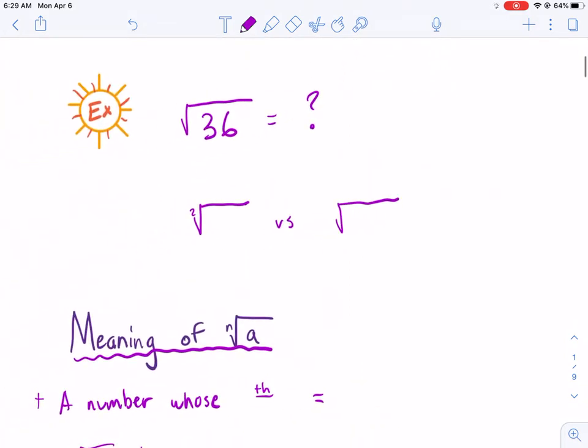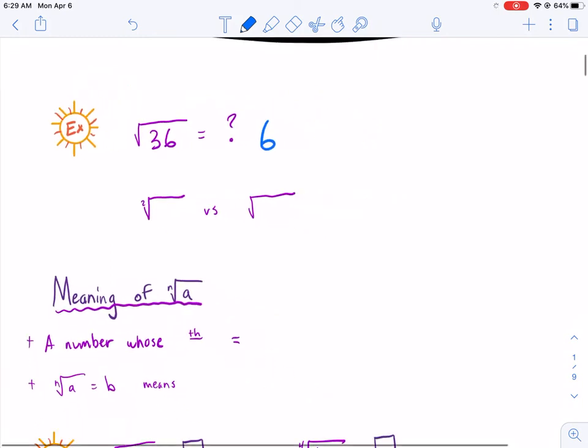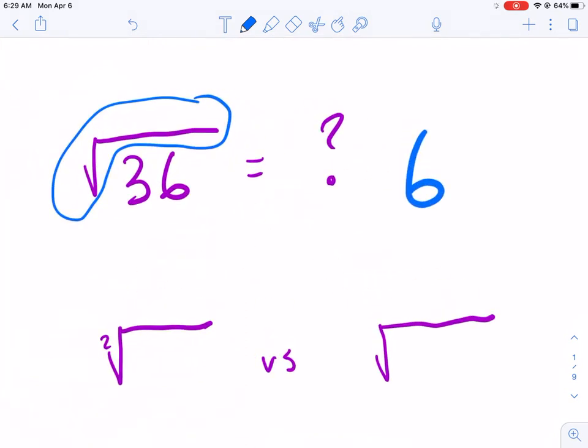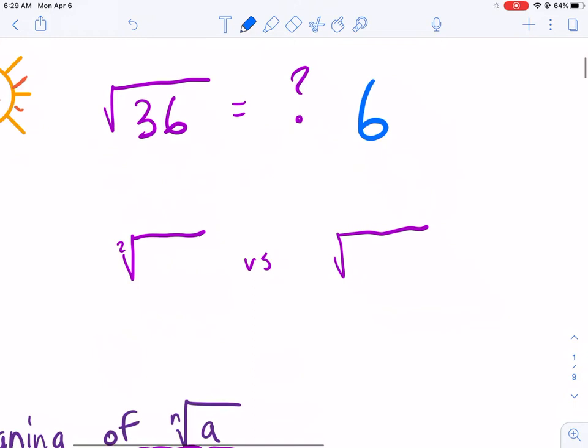So the first example we have is square root of 36, which I know essentially everyone here is going to know that it's 6. Okay, why is it 6? The square root essentially should be written like this. So most square roots are written without any sort of number inside, and this is implied that there's a 2. What does that mean?